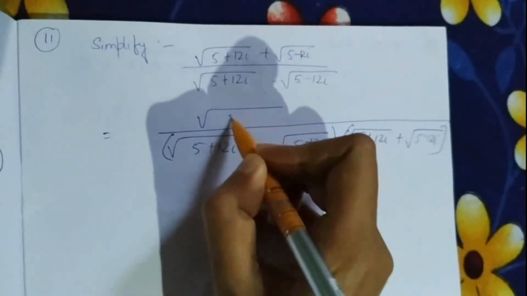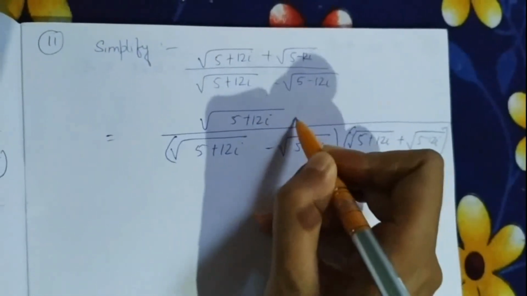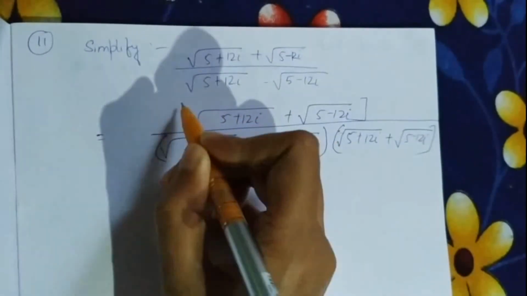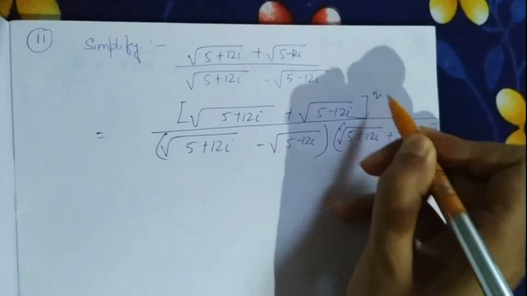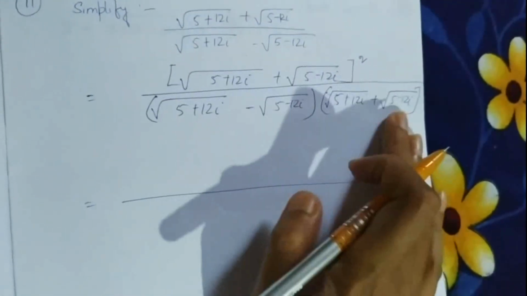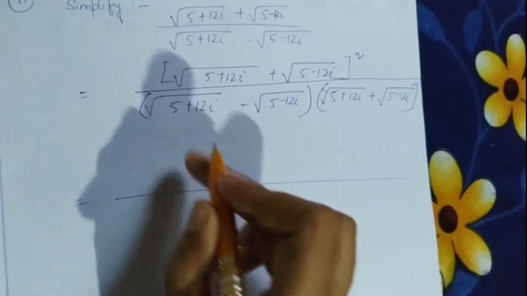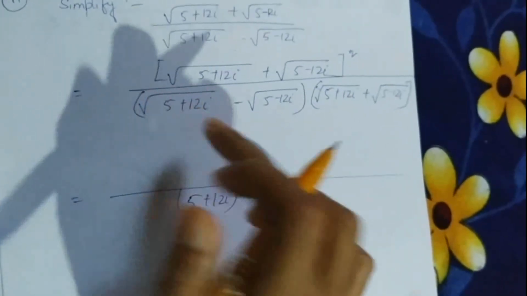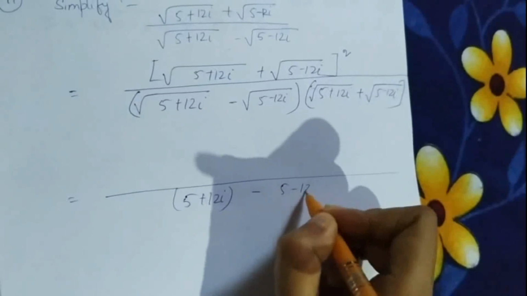It will be root of 5 plus 12i plus root of 5 minus 12i whole square. So ultimately a minus b into a plus b formula. So it will be a square, which is 5 plus 12i, because square and root get cancelled out, minus 5 minus 12i.